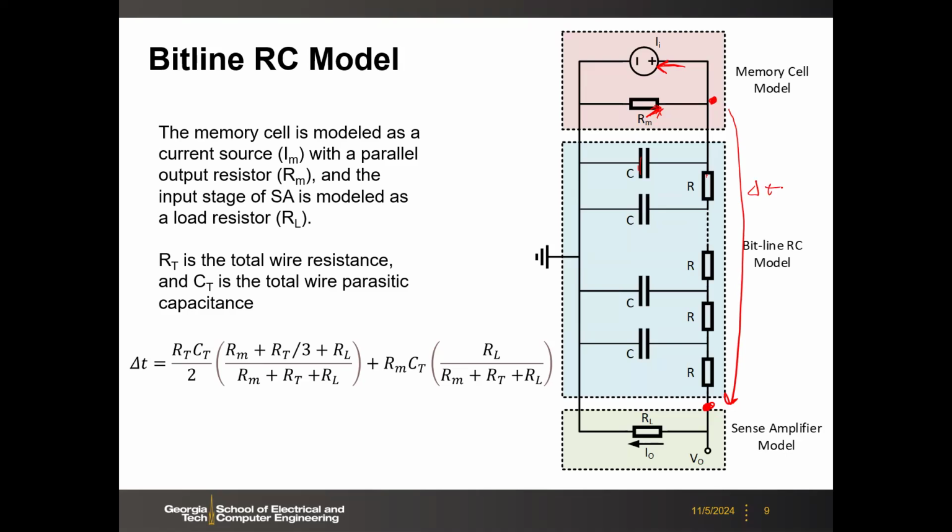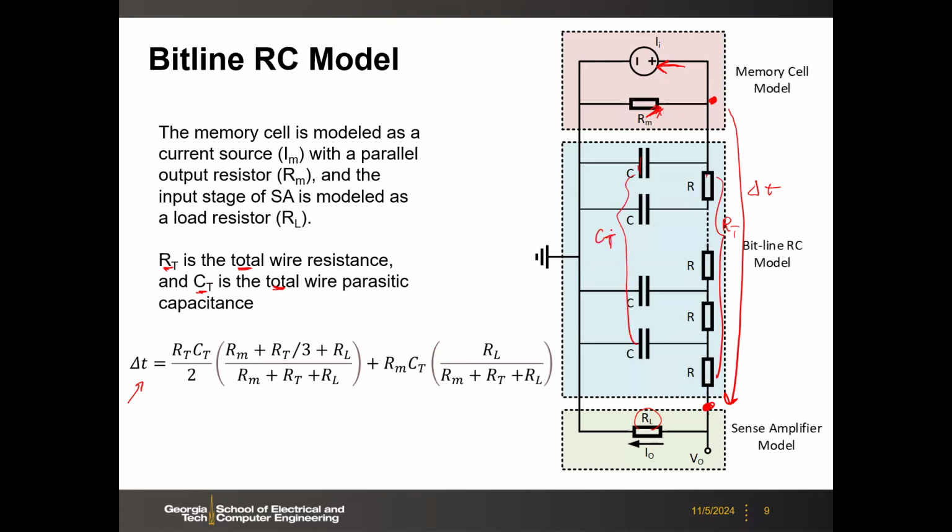If you solve this RC network in an analytical way, this is the formula. Here we have the Rm and also RL. For the sense amplifier, you will also have the load resistance, RL. And RT and CT are the total wire resistance and capacitance. That means all the R together will be RT, all the C together will be CT.